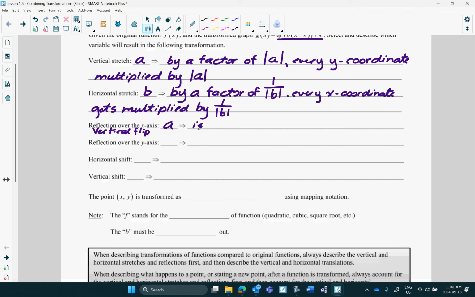A is negative, which means every y coordinate changes sign. Because if it's already negative, it changes to positive. If it's positive, it changes to negative.